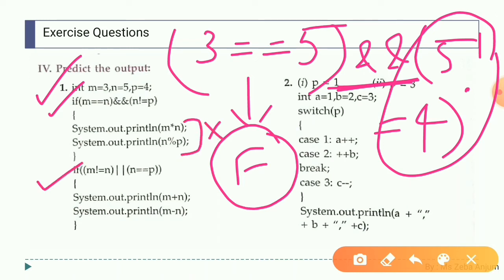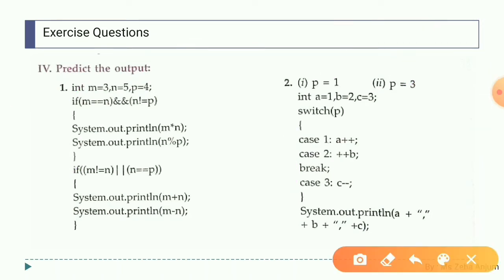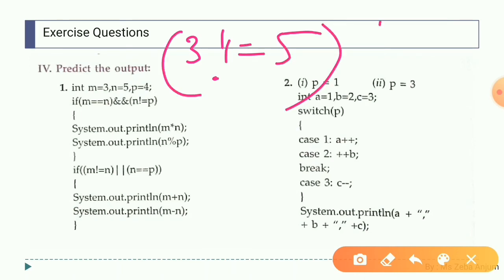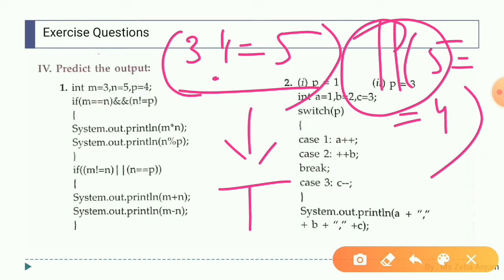Okay, now see the second if statement over there. For the second if we are having m not equal to n, it means 3 not equal to n, you are having 5 over there. Okay, or this n equals p, this 5 equals 4. So see the first one, 3 not equal to 5, it means the first condition is true, so your OR will give you true anyhow.